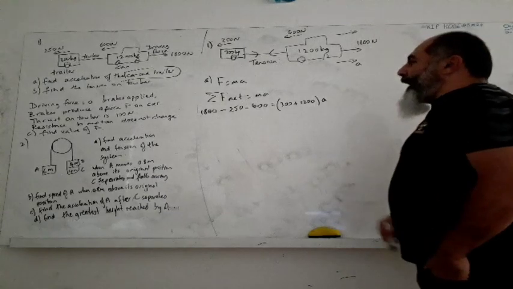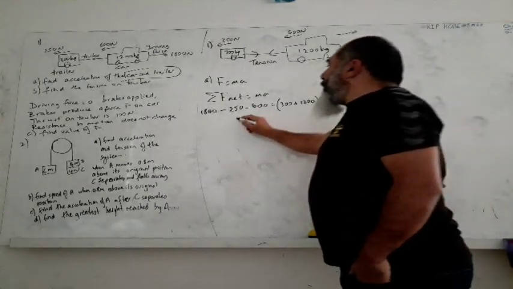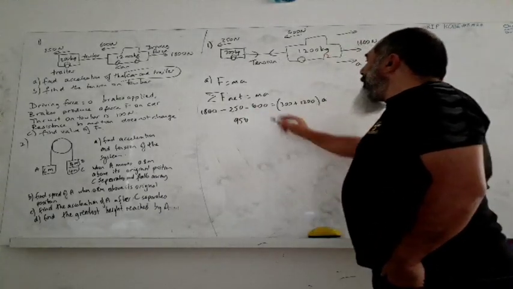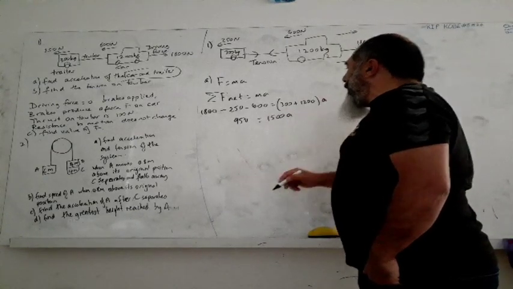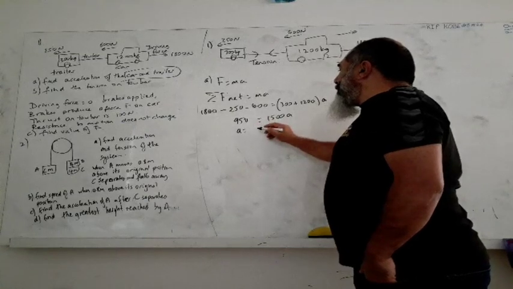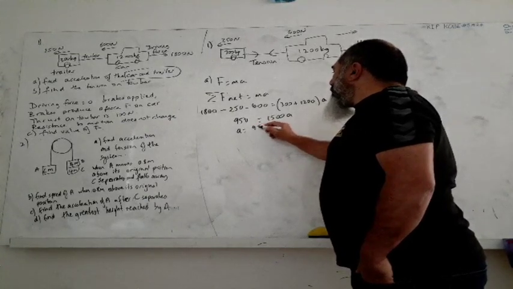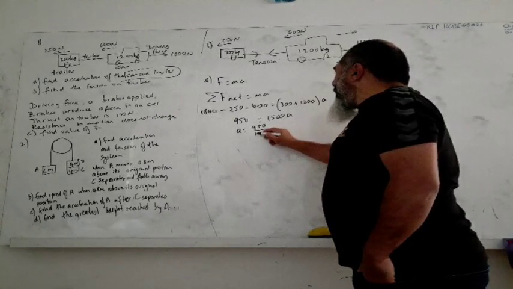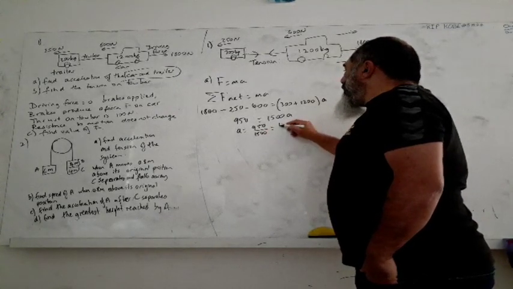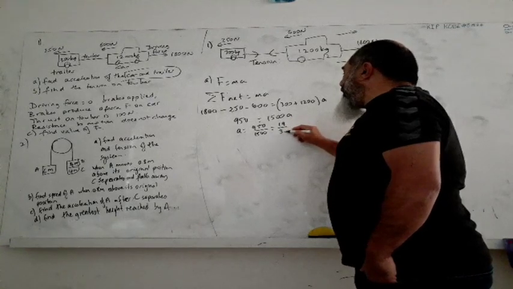So 950 is equal to 1,500 times a. So acceleration is equal to 950 divided by 1,500. This is 19 over 30 meters per second squared.